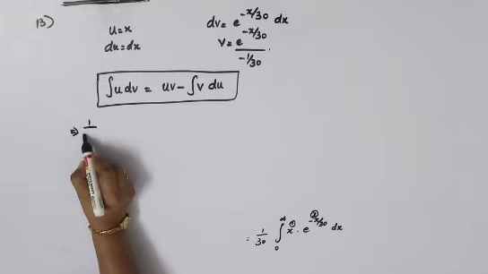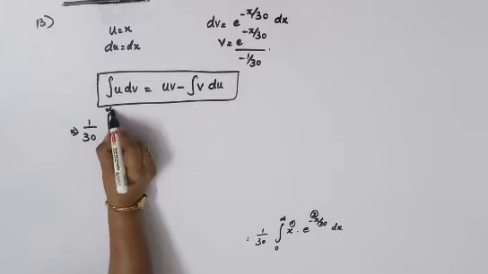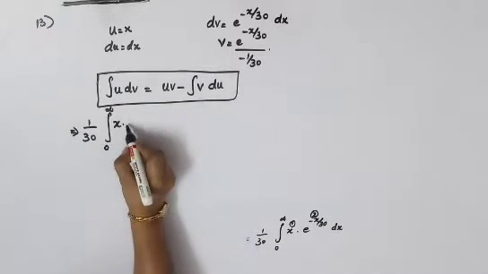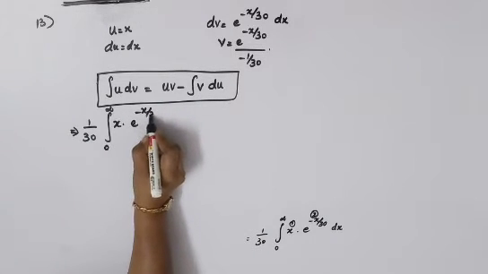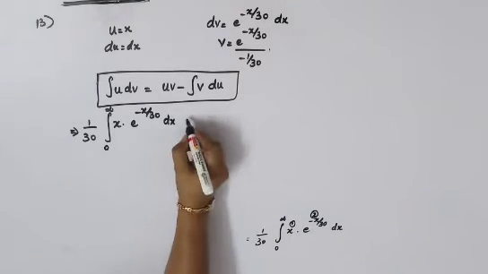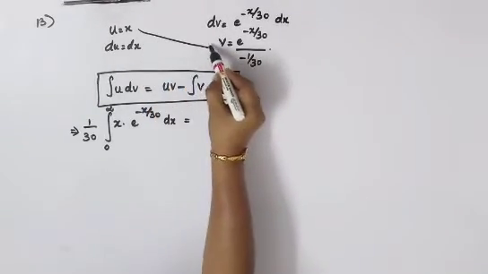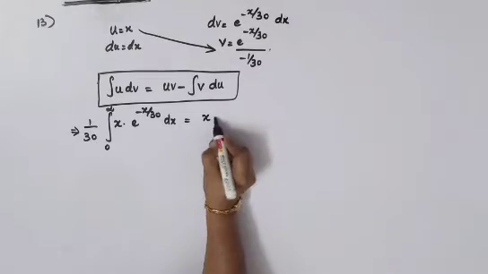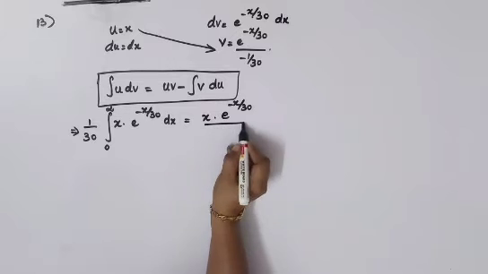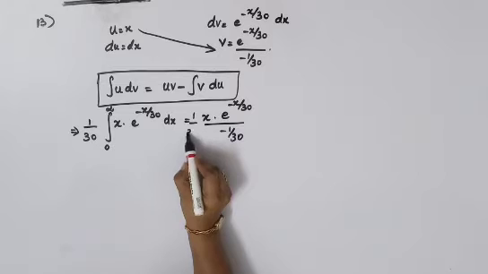So start with 1 by 30 integral, with limit from 0 to infinity. u is nothing but x into dv, which is e power minus x by 30 into dx. That is equal to uv, so multiply these: u is x and v is e power minus x by 30 divided by minus 1 by 30.